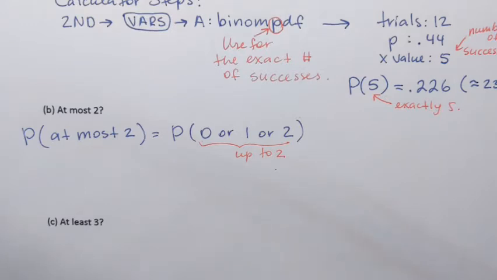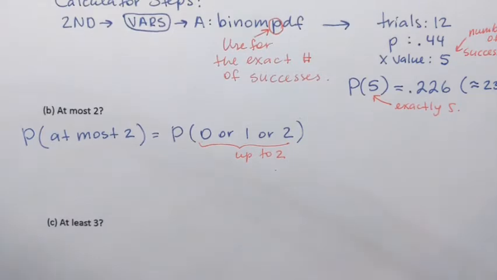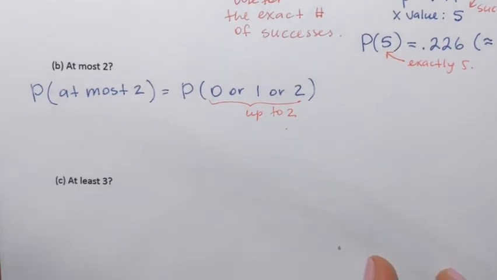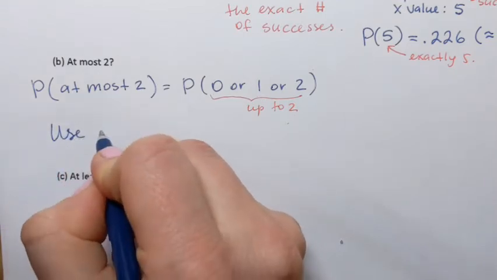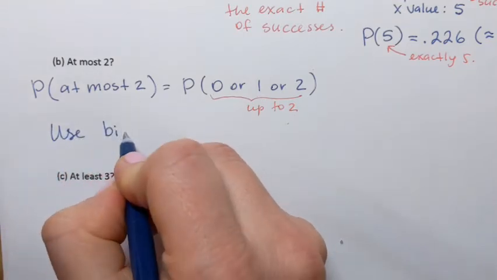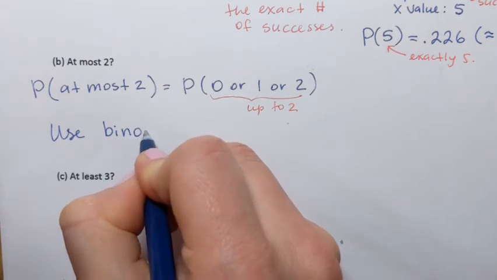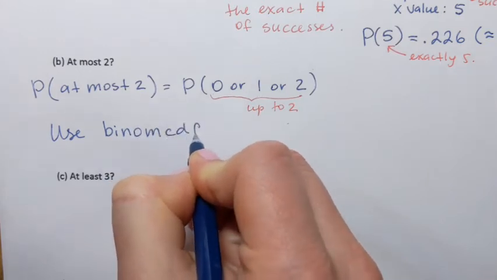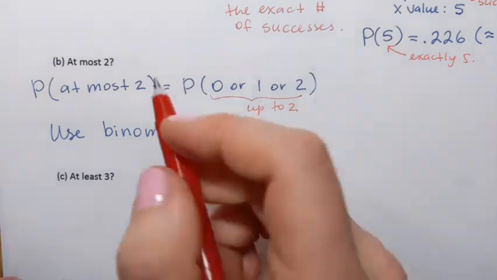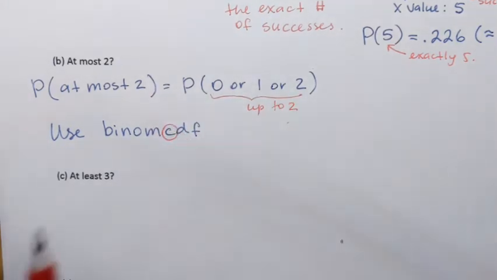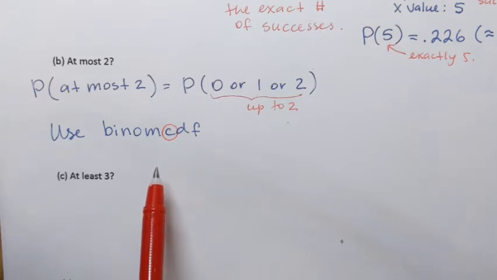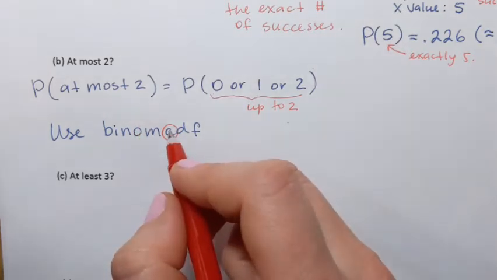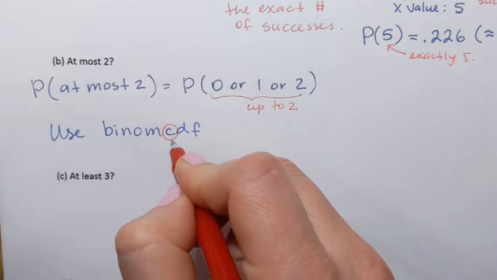Remember the one we saw on the calculator? That's the one that's called Binomcdf. So we're going to use Binomcdf because this function that has c instead of p is called the cumulative distribution function. So it actually calculates probability up to a certain number of successes.